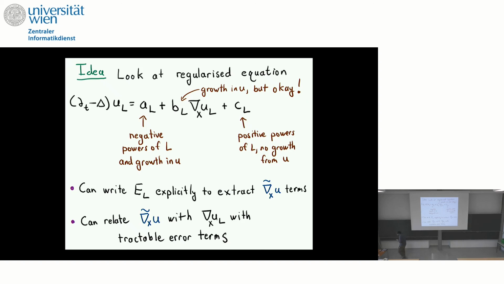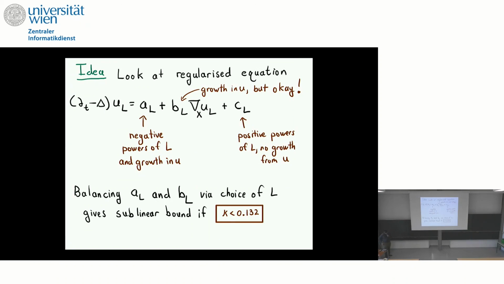And how you can actually see this constraint on kappa up here is that you carefully balance the powers of L, well, the size of L, so that A sub L and C sub L are the same size.